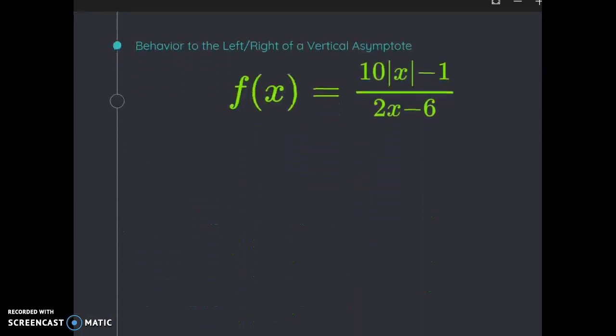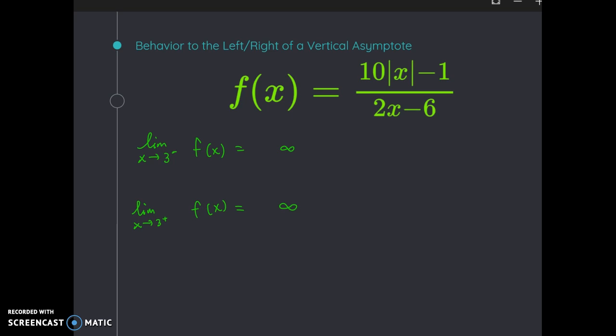Sometimes on homework you're going to be asked to examine the behavior to the left and the right of a vertical asymptote. The way you do that is you take the limit as x approaches 3 from the negative direction and the limit as x approaches 3 from the positive direction for your function. We know right away, because it's an asymptote, that our answer is going to be some kind of infinity for both of these limits.